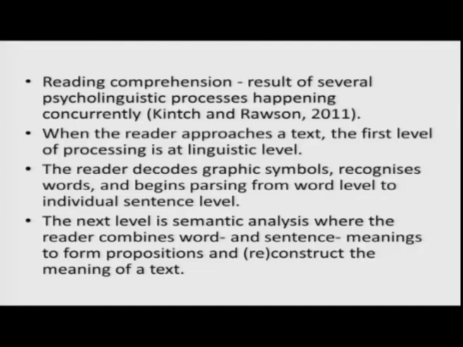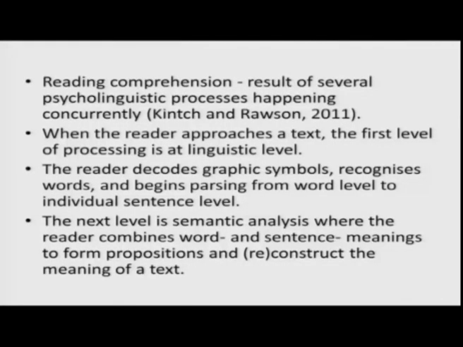So, once this level is completed, then the second level is called semantic analysis, where the reader combines word and sentence meanings to form propositions and to construct and reconstruct the meaning of a text. The idea here is that if you just know the meaning of a word or just the meaning of a sentence, that is not enough.